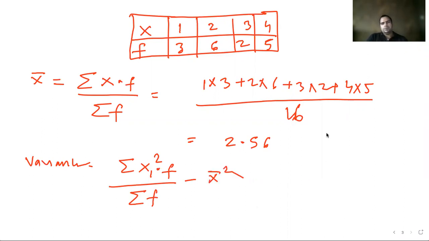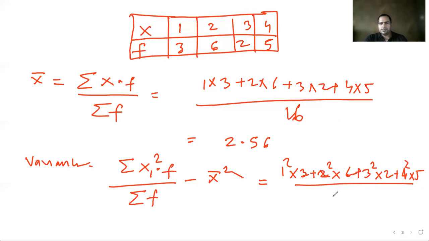So the variance will be 1 square times 3 plus 2 square times 6 plus 3 square times 2 plus 4 square times 5 upon the total frequency, which is 16, minus 2.56 square. So x bar square is nothing but the mean square. Whatever this answer comes to be is your variance.